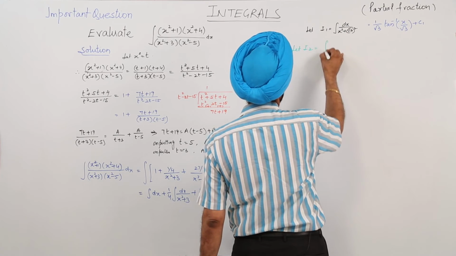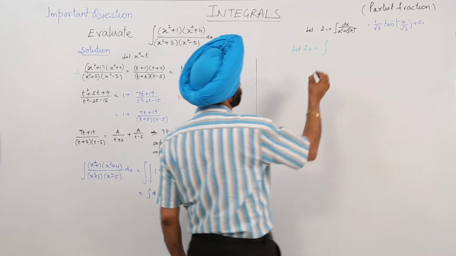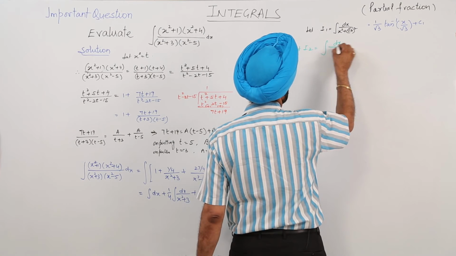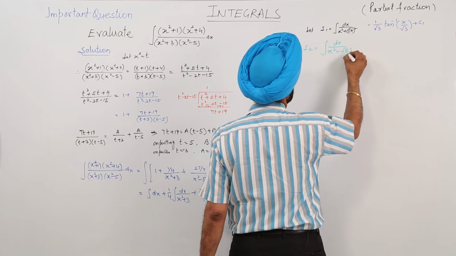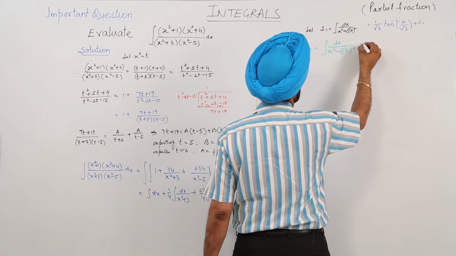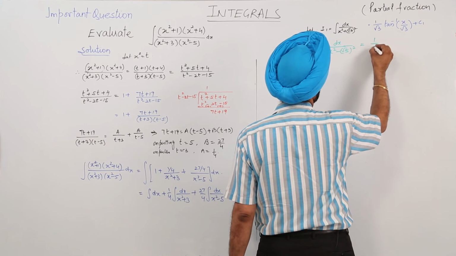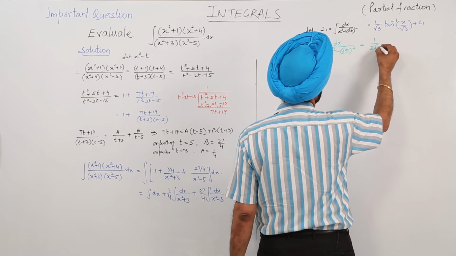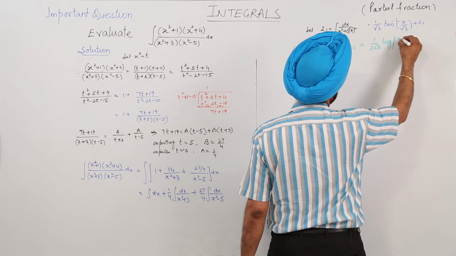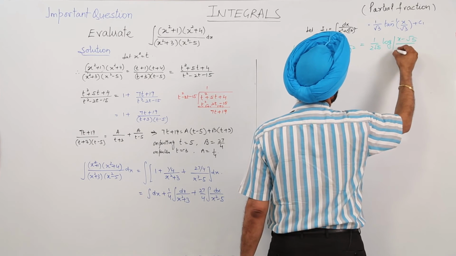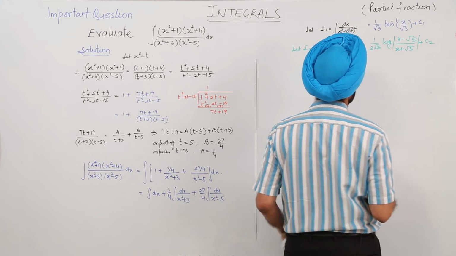Let I2 is equal to integration of dx upon x square minus root 5 whole square. Now this becomes 1 upon 2 root 5 log mod of x minus root 5 upon x plus root 5 plus C2.